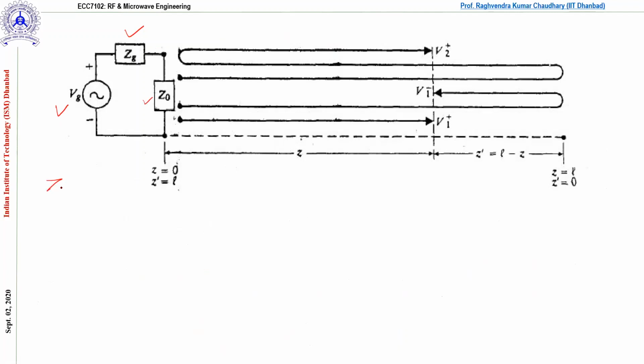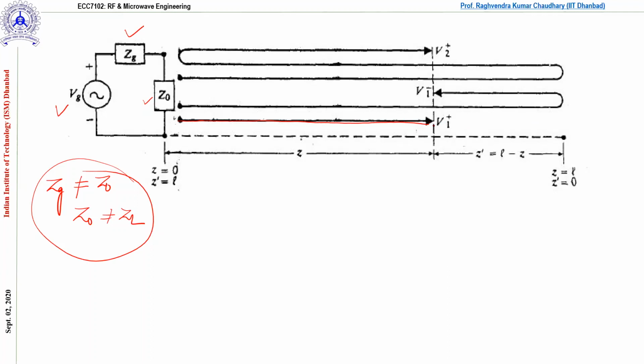And this condition is Zg is not equal to Z naught, and also Z naught is not equal to Zn. Fine. So this is the condition we managed here for this derivation. So what happens actually when initially the wave is launched, correct? So this is the first one. It is going in the forward direction and reaches the load, correct? It reaches the load.